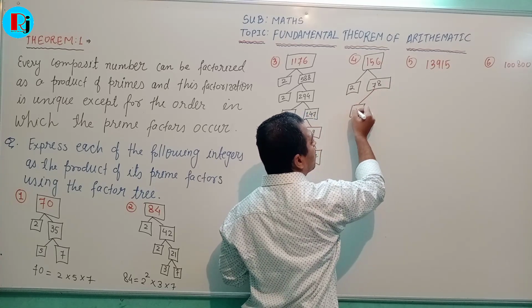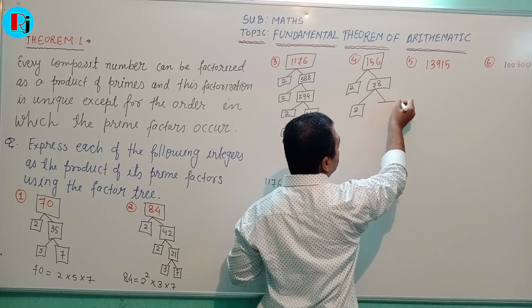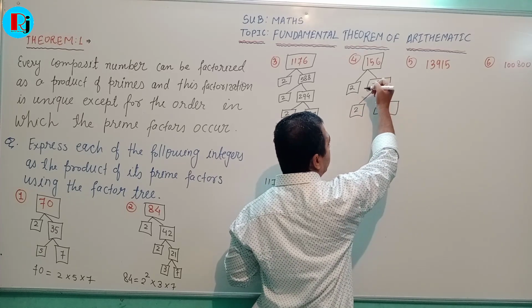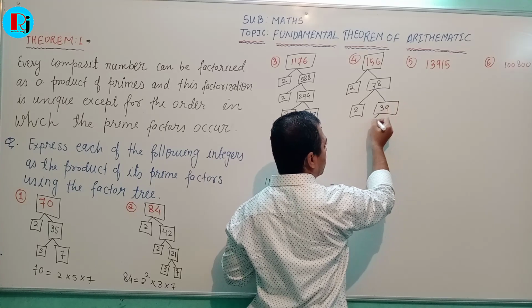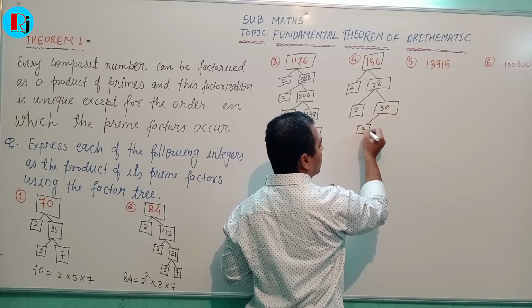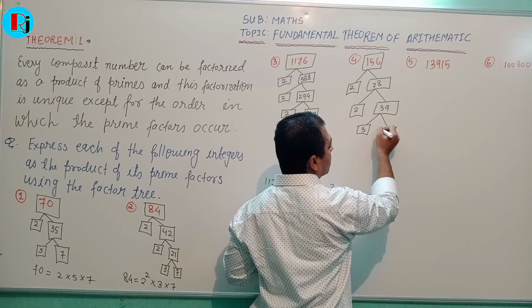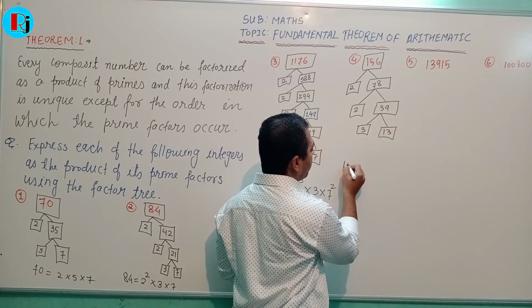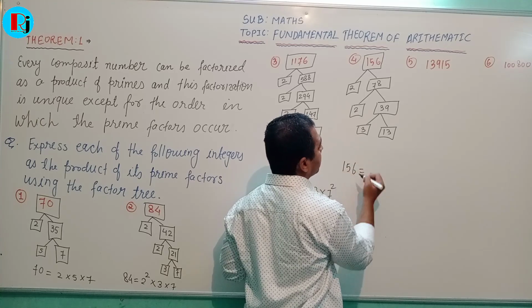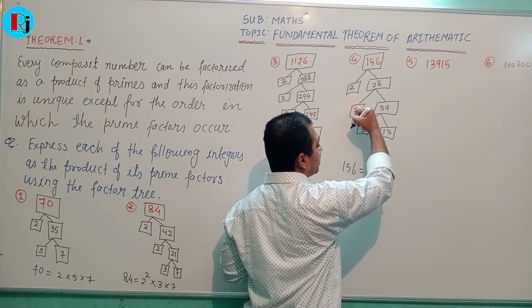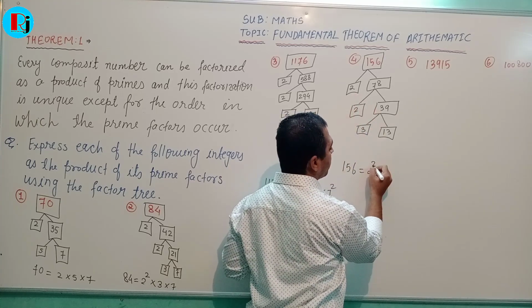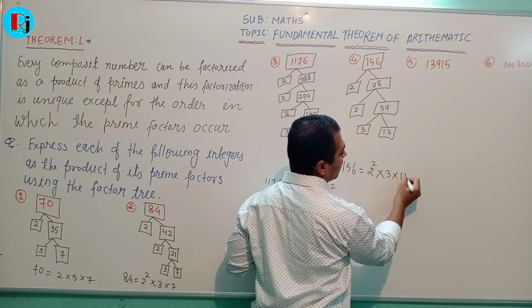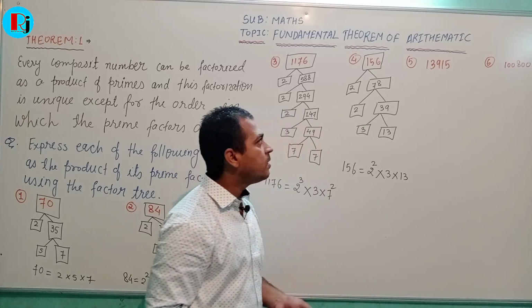Again by 2, 39, so divide by 3, it will be 13. So 156 can be written as 2 to the power 2, 3 to the power 1 and 13 to the power 1.